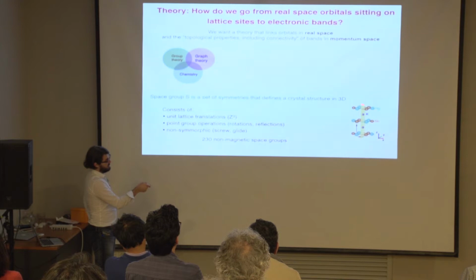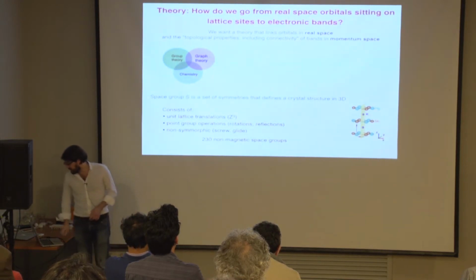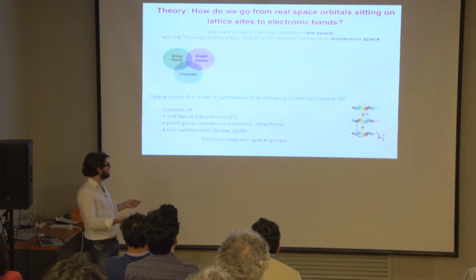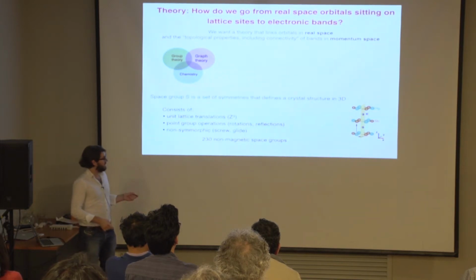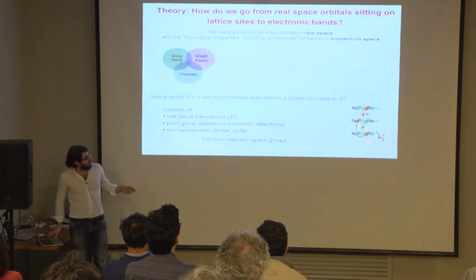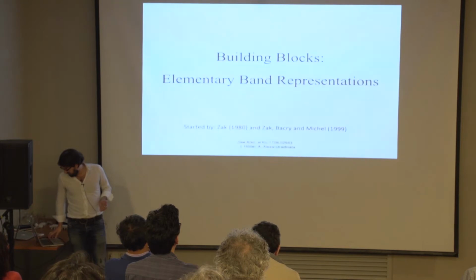So you go from here to here, and you make a half lattice translation. That's a non-symmorphic symmetry. So the inputs are the lattice, the group symmetry, then where the atoms sit, and what orbitals sit on the atoms. These are the three things that enter the theory.